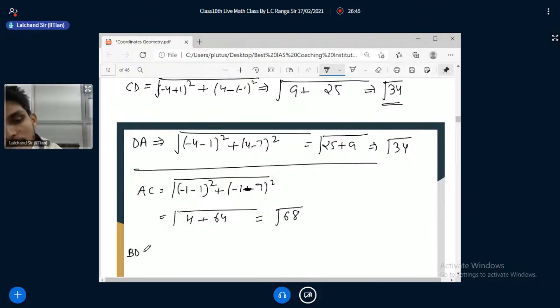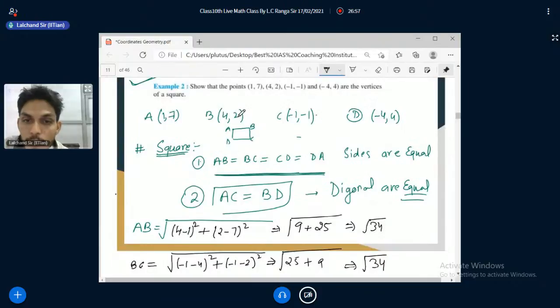And what is the length of diagonal BD? Can you tell me the length of diagonal BD? What is the coordinate of point B? It is (4, 2).